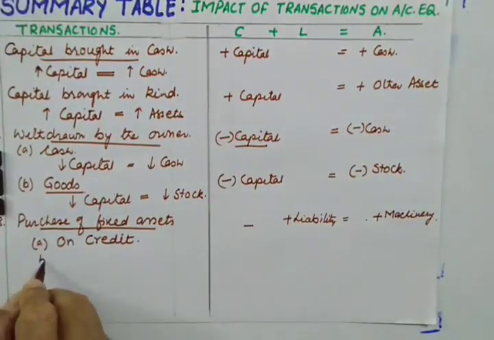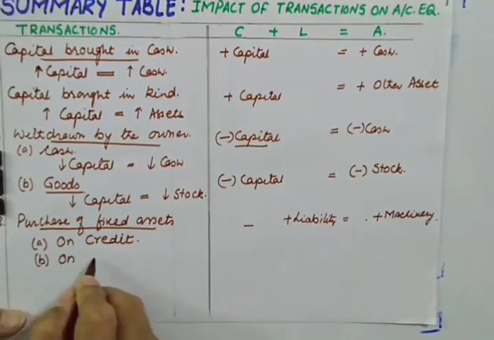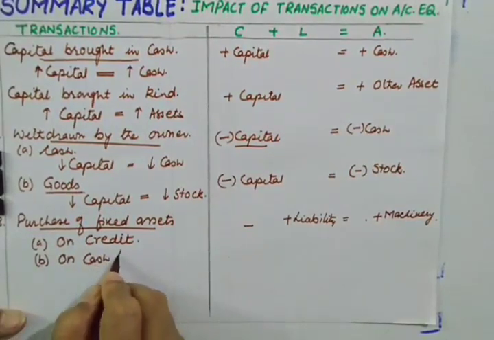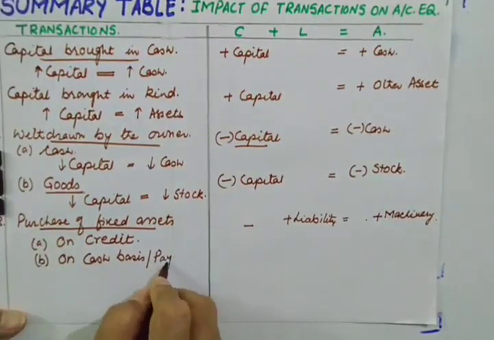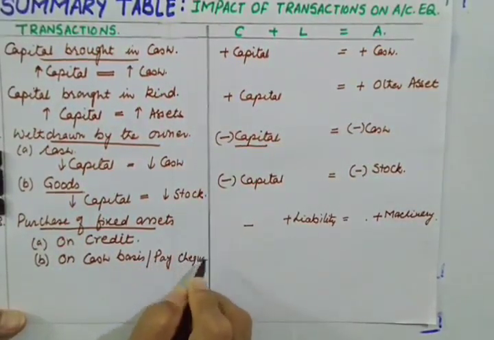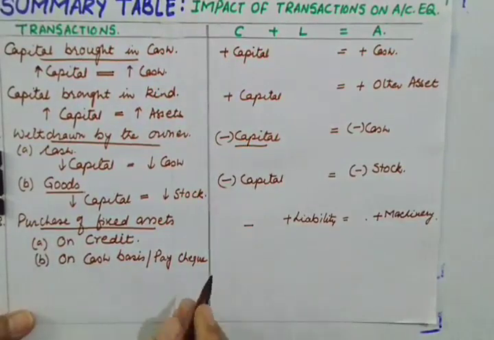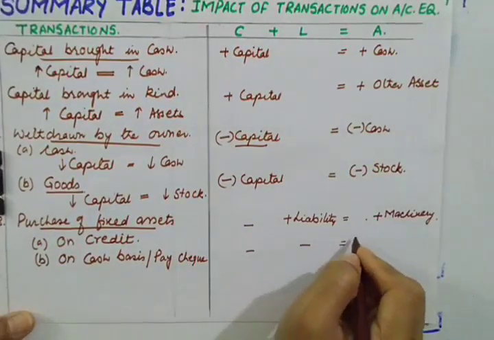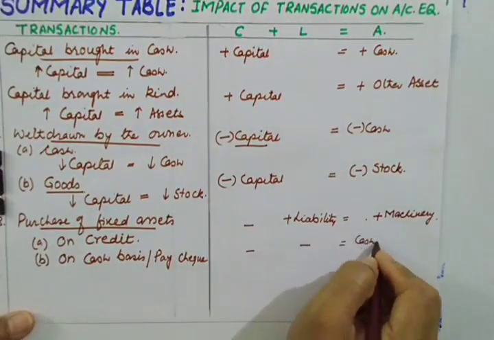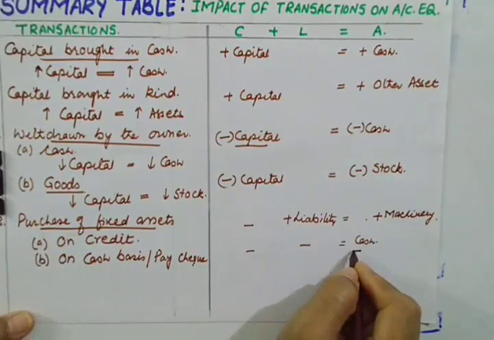And the second option is he is buying on cash basis. He's paying cash, or he can pay by check also. So what will happen if he's paying on cash basis or through check? No change here in capital, no change in liability, but his cash will reduce.